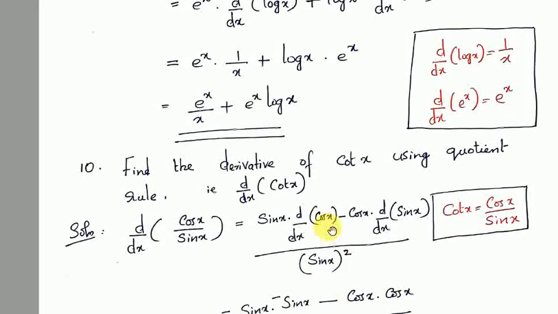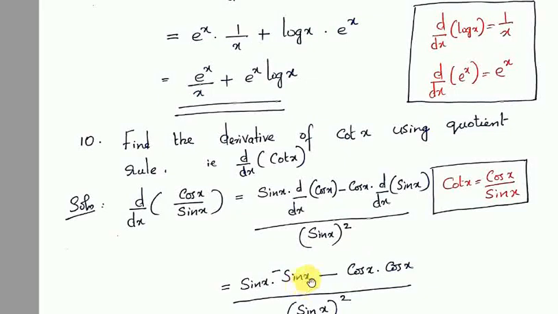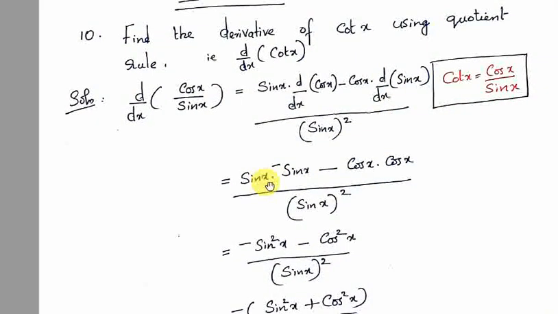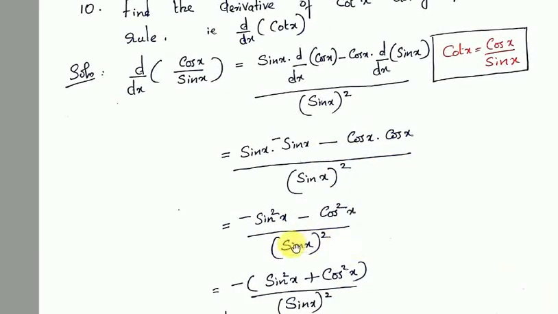What is the derivative of cos x? Minus sin x. What is the derivative of sin x? Cos x. So sin x into sin x, sin square, negative sign is here, minus cos x into cos x, cos square x, whole divided by sin x the whole square.